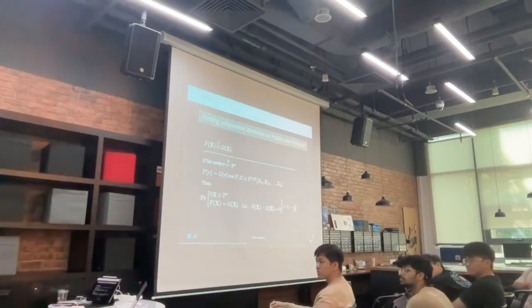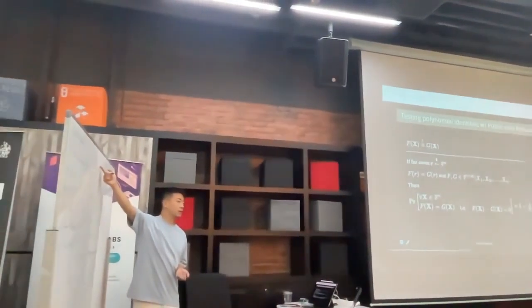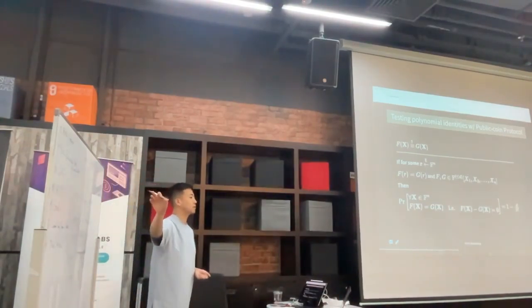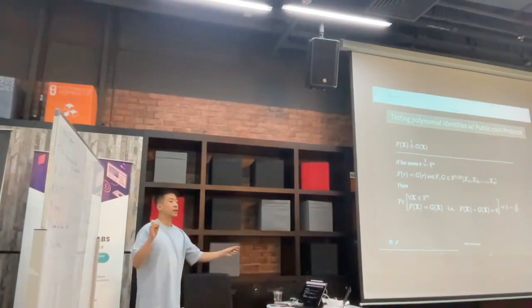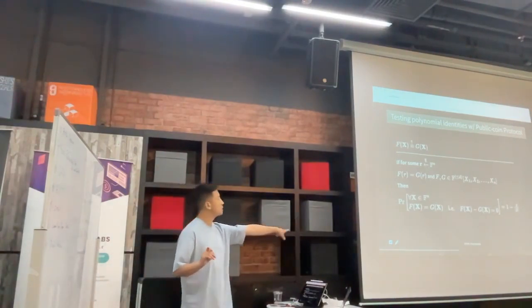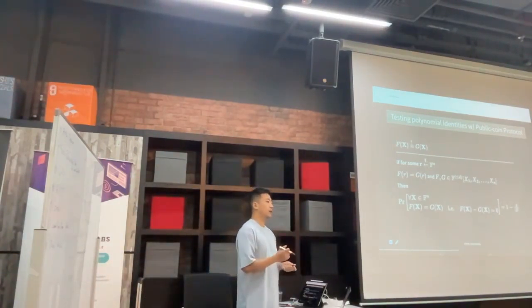If you think about x2 as a constant, then it's just a univariate polynomial in x1, and we can use the same Schwartz-Zippel lemma. And x1 doesn't affect x2, and x2 doesn't affect x1. Because of that, the probabilities are isolated, all independent of each other. So the Schwartz-Zippel lemma will give us the same equation as for univariate polynomials.